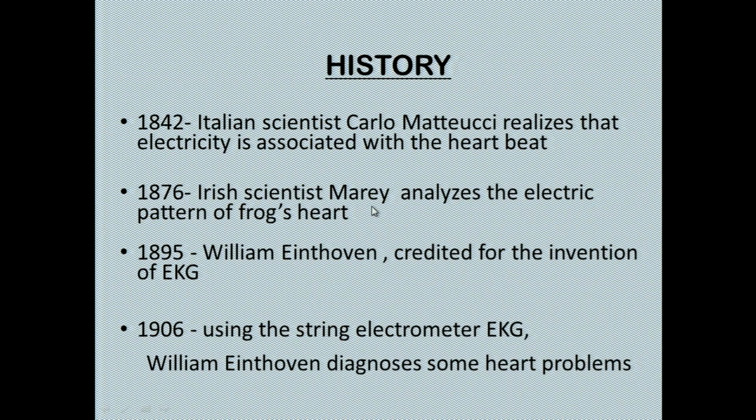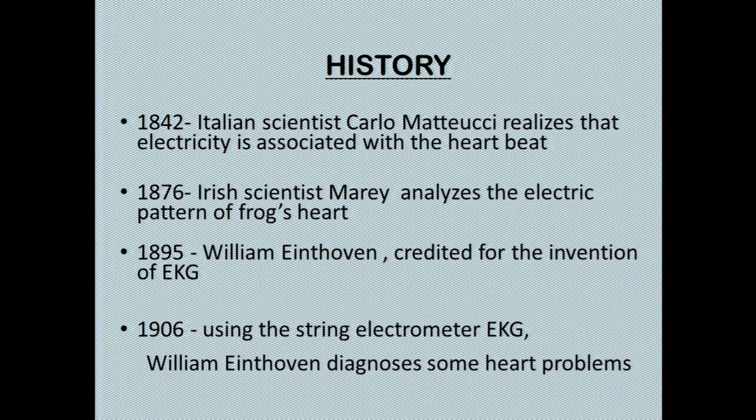And then in 1876, Irish scientist Murray analyzes the electric pattern of the frog's heart. Actually we started with the frog's leg, that is, it twitched. That is how they found it. Then comes 1895, William Einthoven, credited with the invention of the EKG. He is from Germany, they use EKG. 1906, using the string electrometer EKG, William Einthoven diagnoses some heart problems.